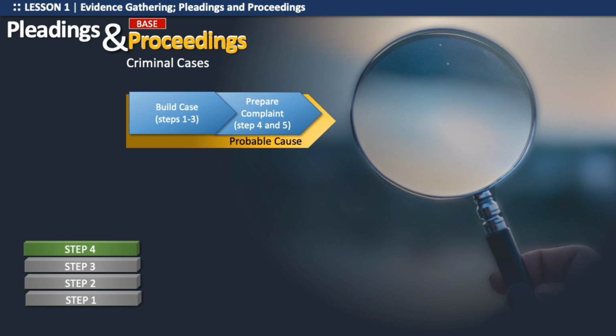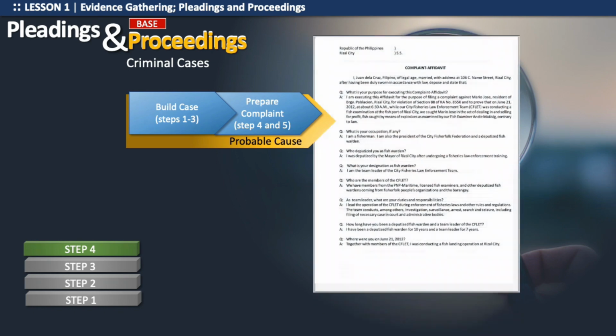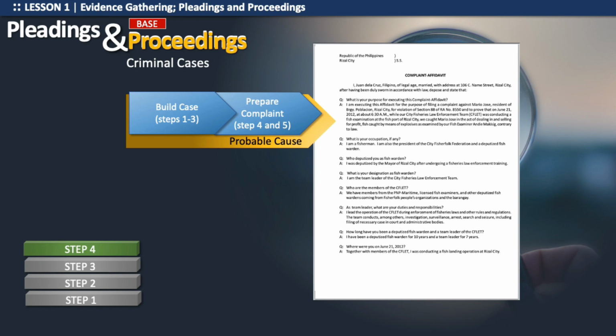The instruments that you would be using similarly would be a complaint and affidavits. Usually the complaint and the affidavit are in the same form, thus it's called the complaint affidavit. Same as the instruments used in administrative cases, it asserts the ultimate fact, and in doing so answers the questions about the 5 W's and 1 H, right?